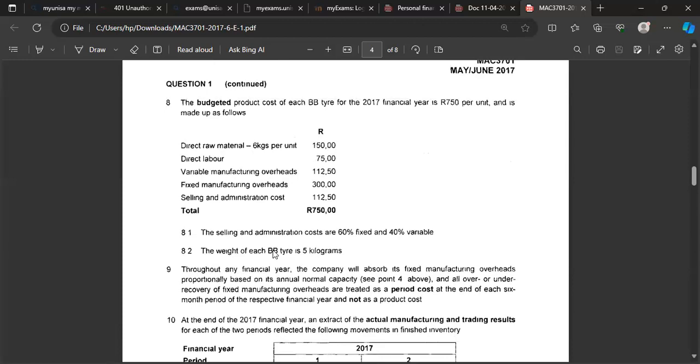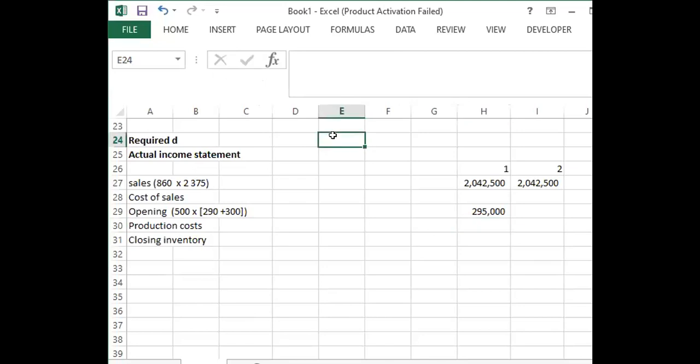What we can do, which is what I proposed on the calculation, is just to ensure that the calculation works out. So this is going to be 150, just to see where it's coming from. 150 plus 75, and then plus 112.5 plus 300.